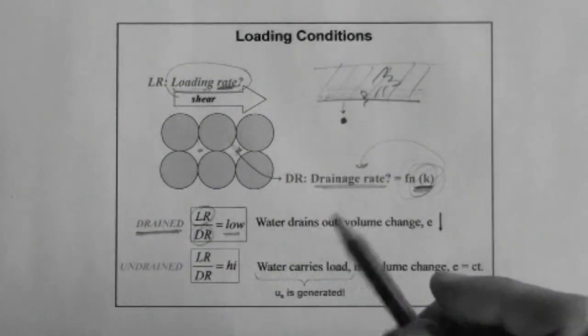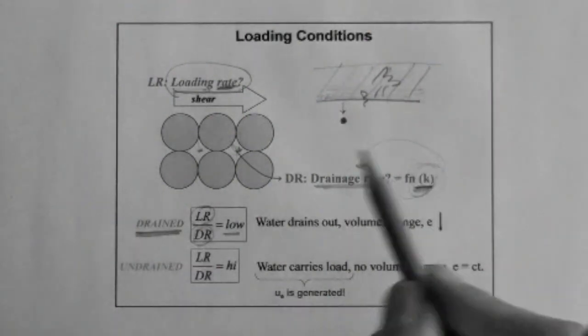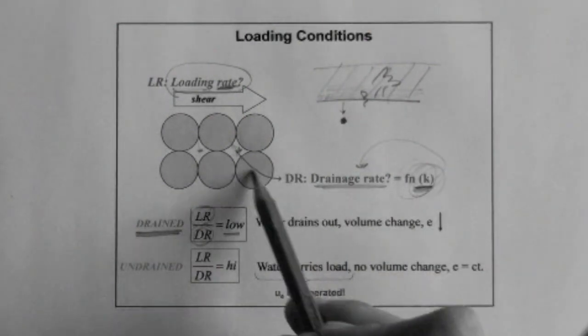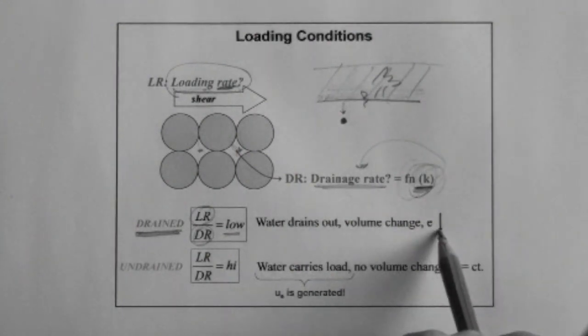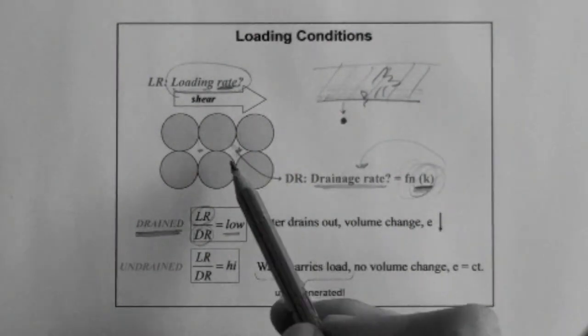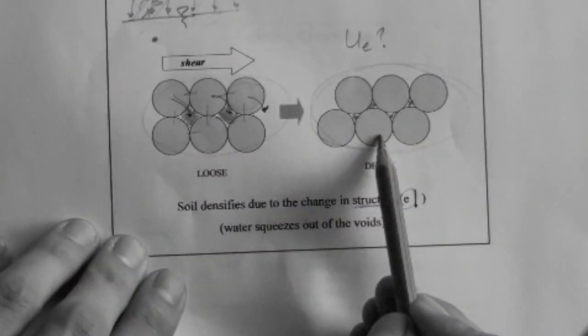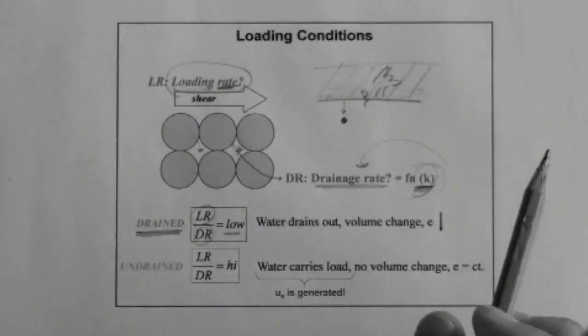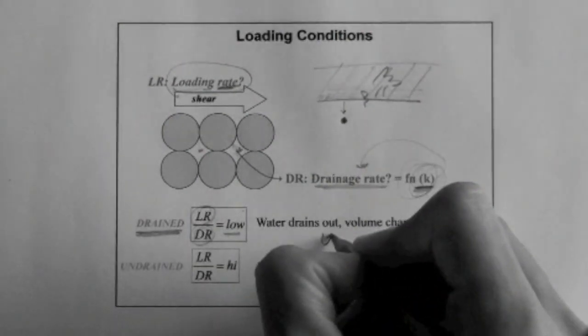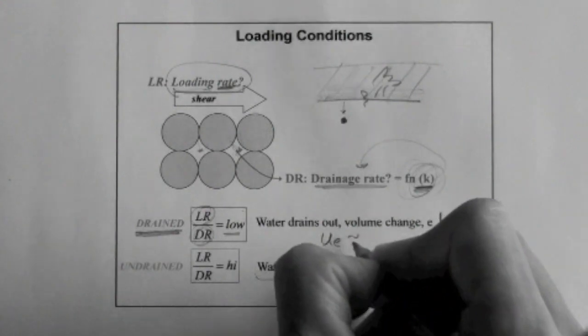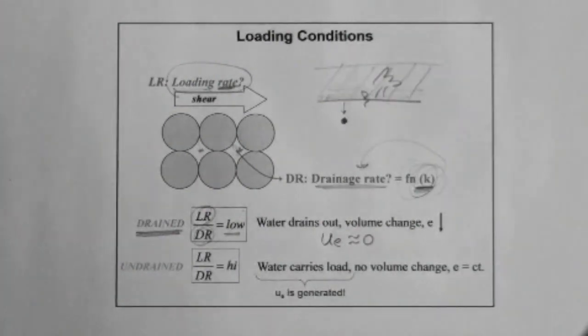So what this means is that we have a drained condition where the water drains out very easily, and the void ratio goes down as the particles achieve this configuration. In this case, we can assume that Δu (excess pore pressure) is basically 0.